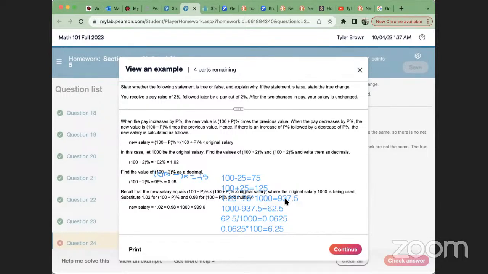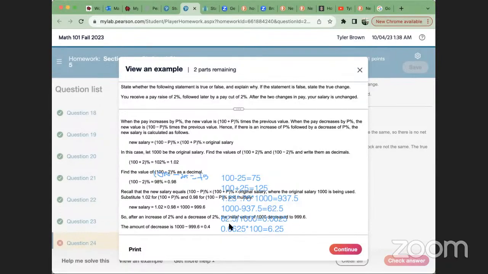1.25 times 0.75 times 1,000, 937.5. And then 1,000, just like we're doing here, 1,000 minus this number, 937.5, is 62.5.